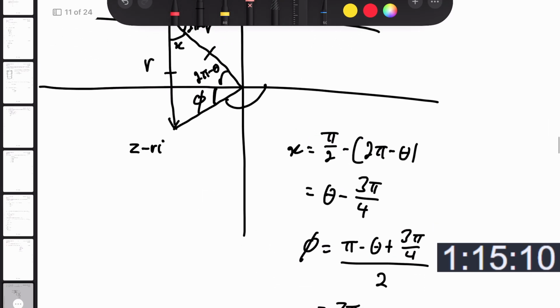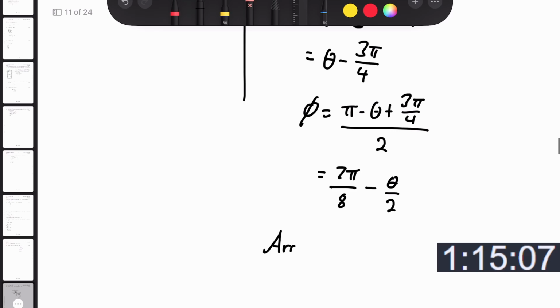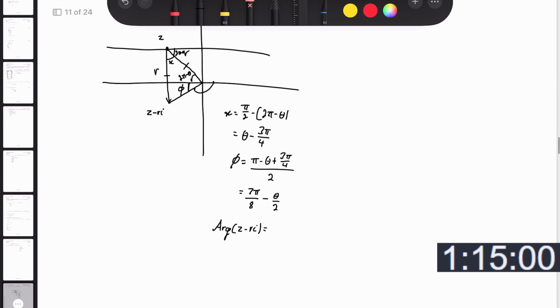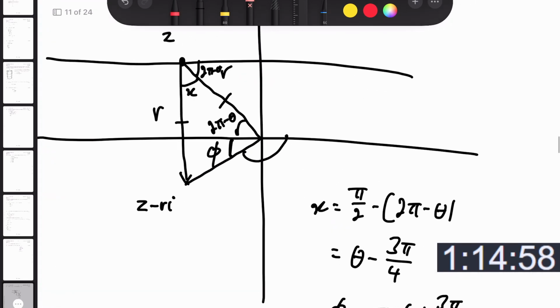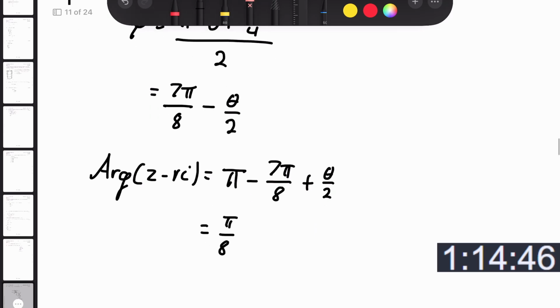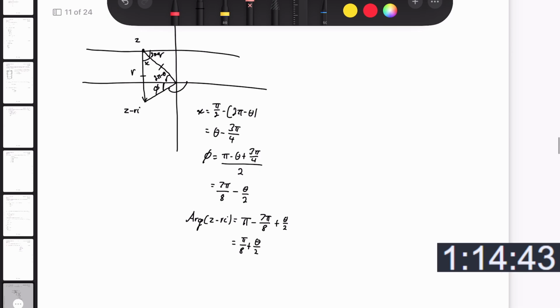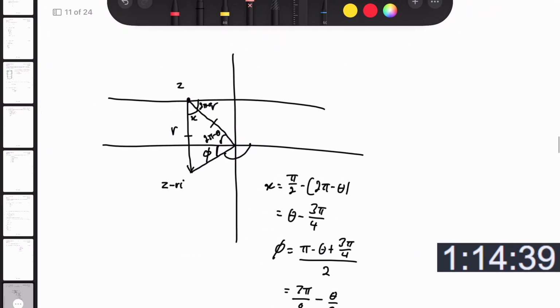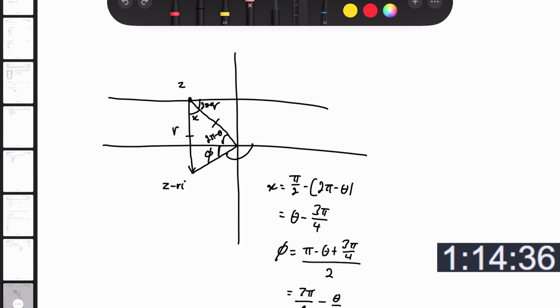So then the argument of z minus ri is going to be equal to, I'm not sure if we're getting this right, because I feel like for 3 marks there's a few too many steps, but this is going to be pi minus 7 pi on 8 plus pi on 2. So it'll be pi on 8 plus pi on 2. I feel like we might have done this in one of my classes ages ago. I feel like this might be right, but I'm not exactly sure.